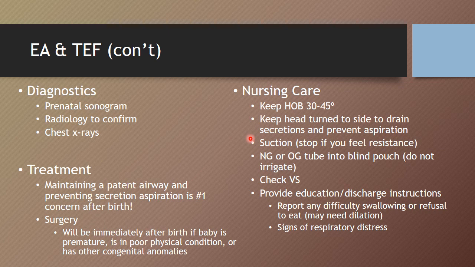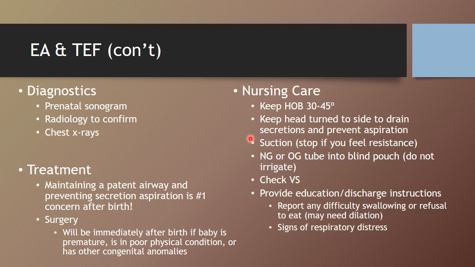A lot of times they may have an endotracheal tube in the beginning, but they don't like that because of the TEF, so the esophagus going to the trachea, and with that other one, that one that's 85% where the bottom half of the esophagus actually goes into the trachea.